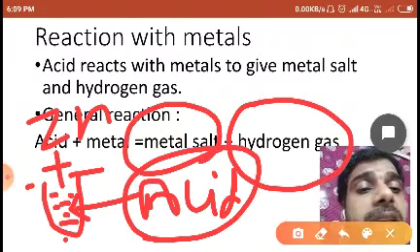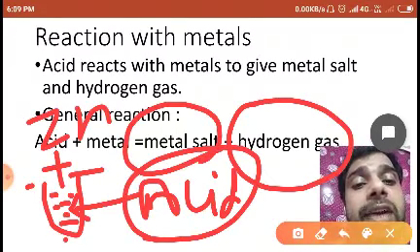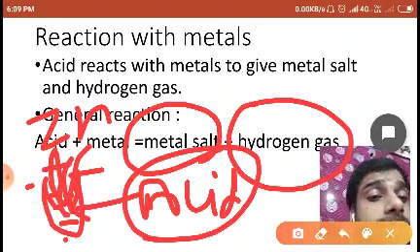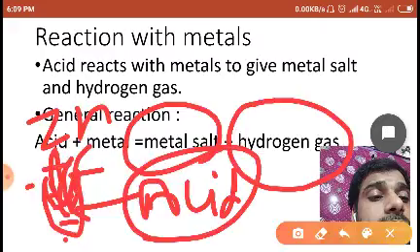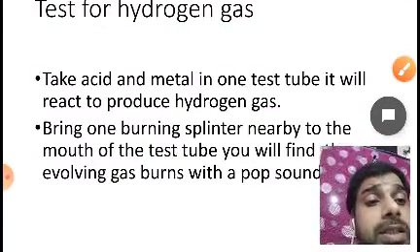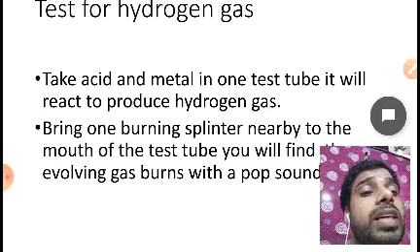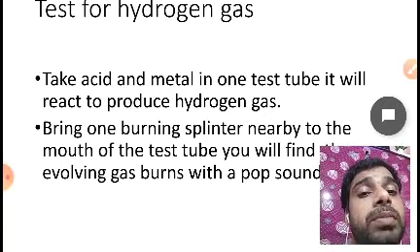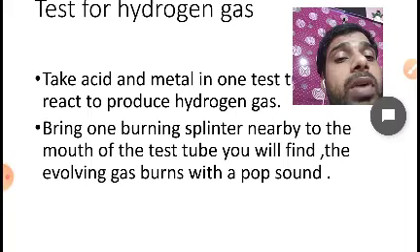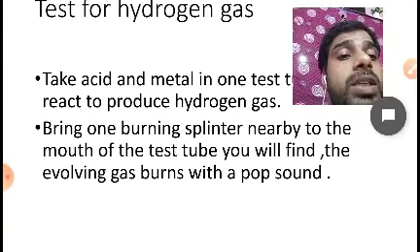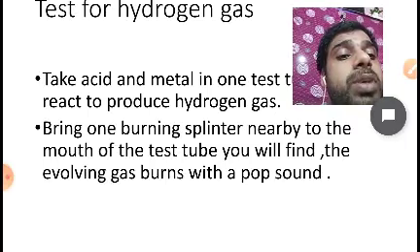The metal salt will remain present in the solution, but hydrogen gas will try to evolve from the test tube. Now, take acid and metal in one test tube, and it will react to produce hydrogen gas. Bring a burning splinter near the mouth of the test tube, and you will find the evolving gas burns with a pop sound.